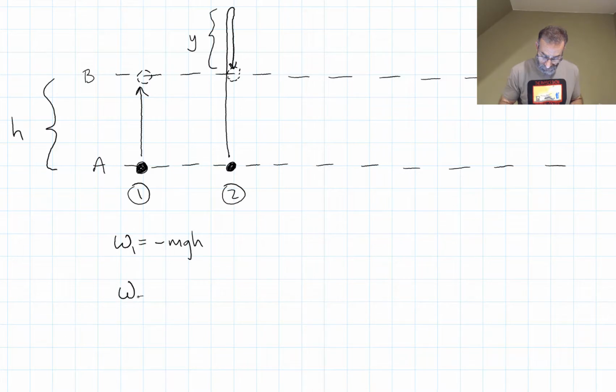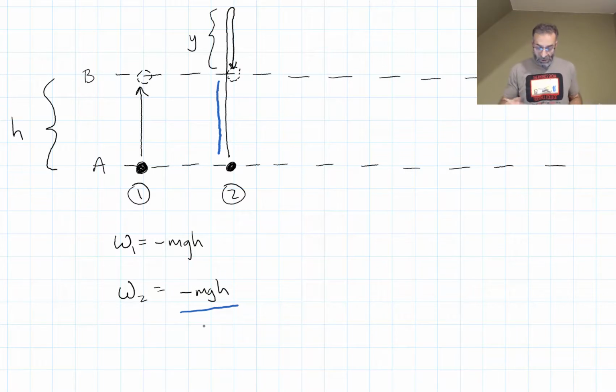So our work done in example 2 is going to be the work done for this first part. I'll color code it, the blue part. And that's the same as the work done for path 1, that's just path 1, minus mgh, plus the work done for this red part here, where we're going up an extra y distance.